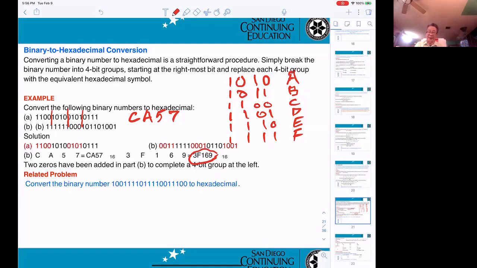Try to do a related problem. Tell me the answer. And make sure you understand. You must read the handout over and over.